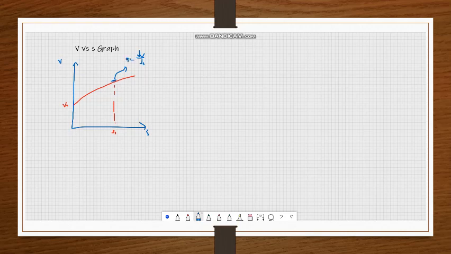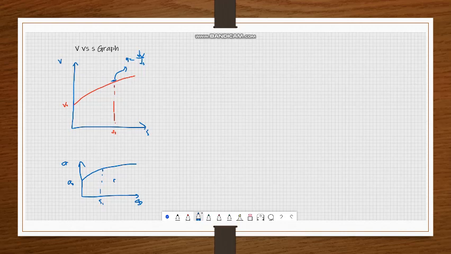Then we can construct the acceleration versus position graph, not time, position: a0 is the initial acceleration, and s1 we can cover here.